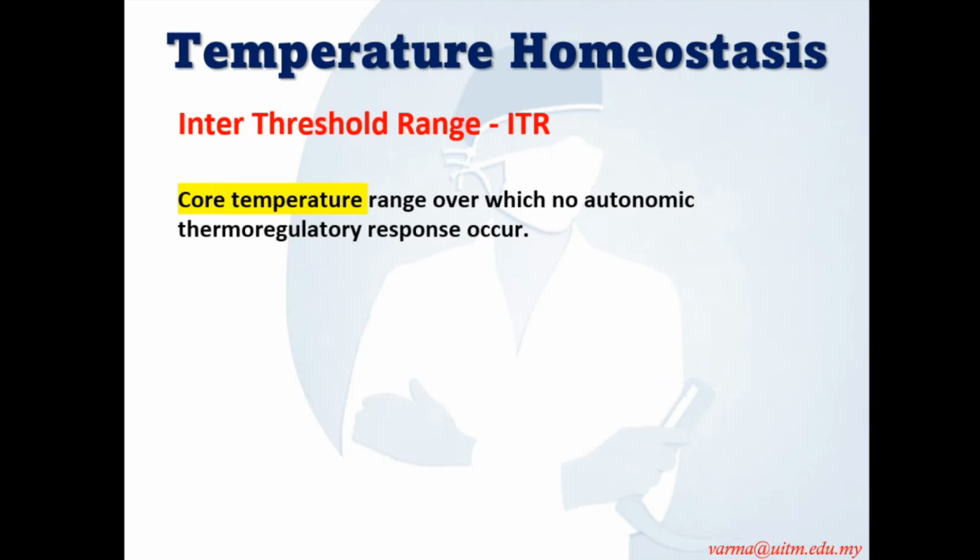It means you can maintain your temperature without activation of the thermoregulatory response. This is something like autoregulation of cerebral blood flow, right? Within a MAP of 50 to 150 mmHg, your blood flow to the cerebrum is maintained. This is the same concept, but here it is a temperature range. Over this temperature range, homeostasis is maintained by autoregulation. That's the concept of it.